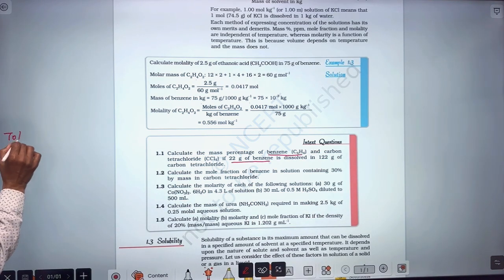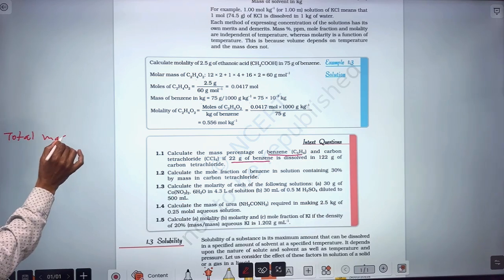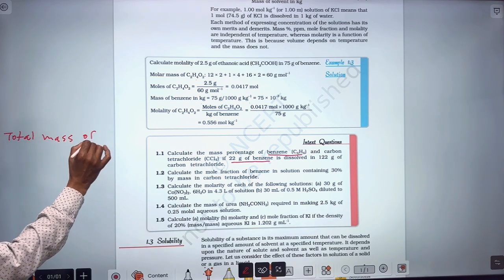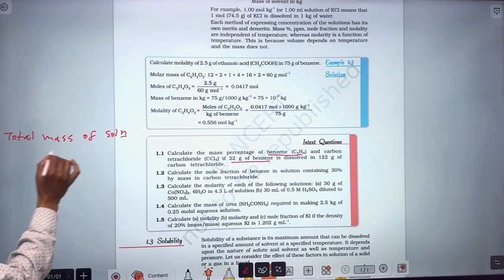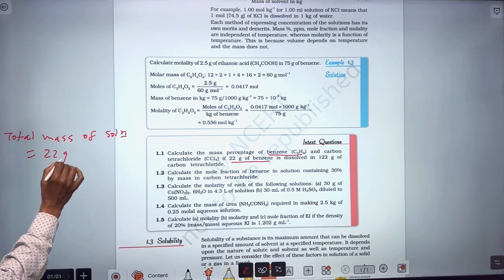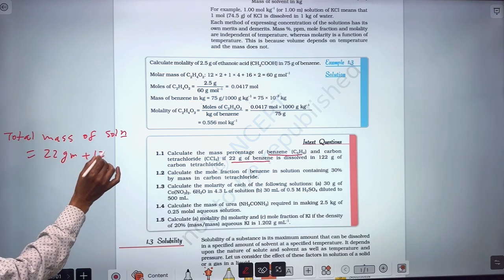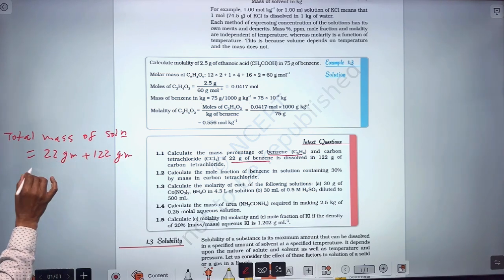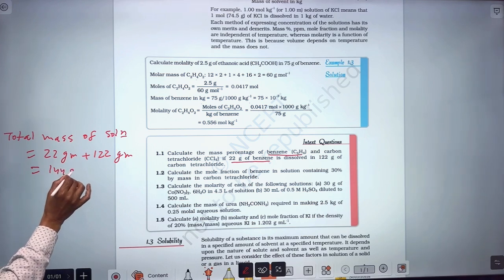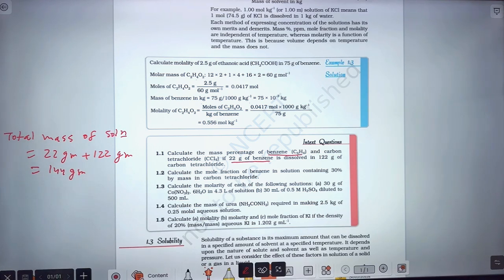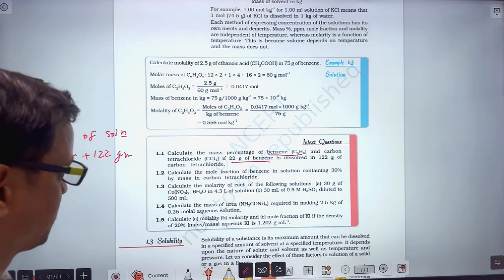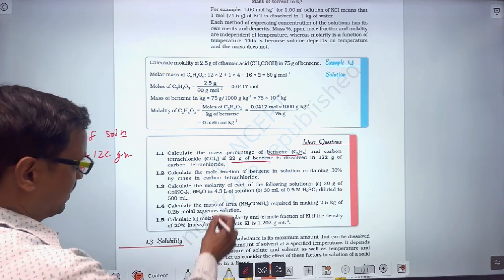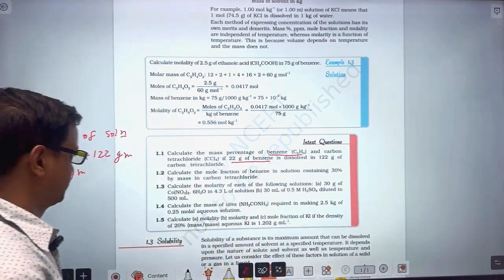So total mass of solution will be how much? 22 gram plus 122 gram, that means 144 gram. Here total mass of the solution is 144 gram. You have to find out the mass percentage of benzene.